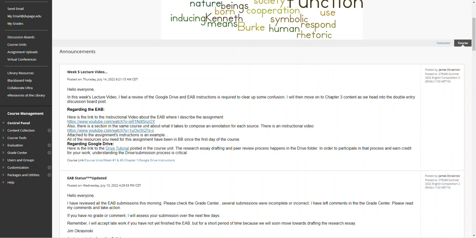Some people seem to be confused on the depth and breadth of the assignment. Some people have not been able to find the assignment's instructions. Some people are not utilizing the drive folder as required in the syllabus. So I want to clarify everything by providing easily accessible links to the activity.